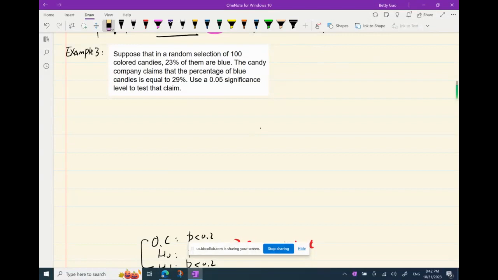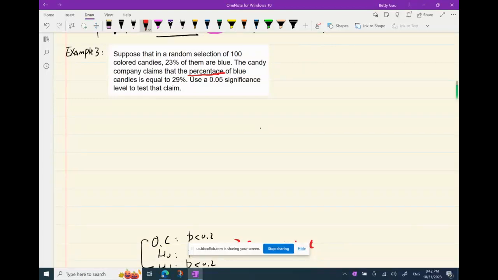The candy company claims a percentage, so this is about the population proportion. Today we know we are testing about p, but when you take the test, all the problems are mixed together. You have to determine what parameter we're actually testing for.